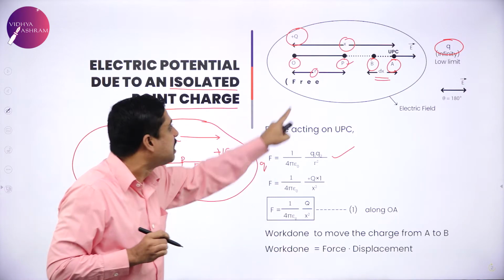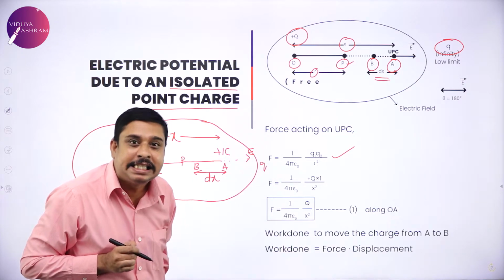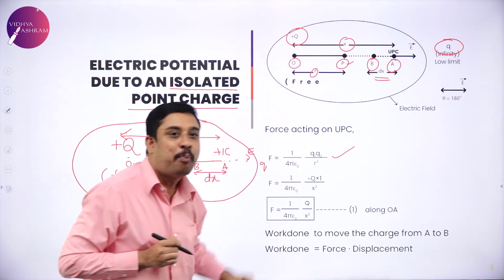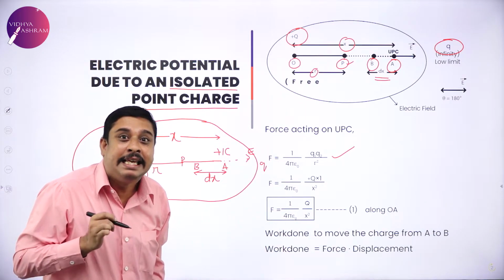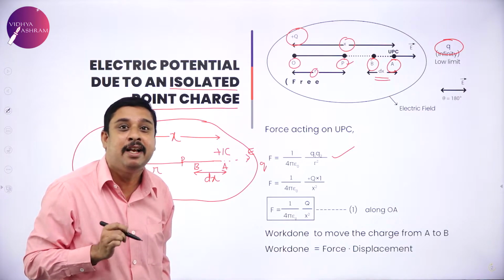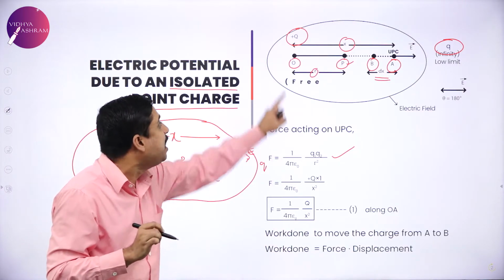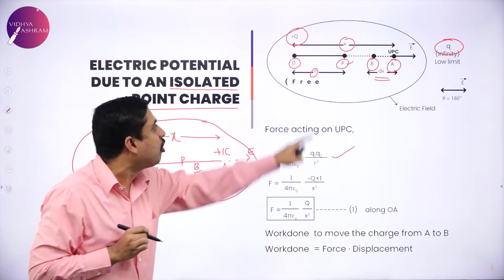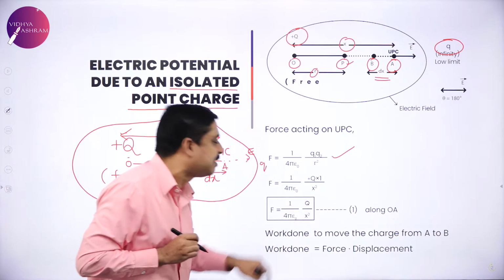Don't be confused. R is the distance between the point O and the point P. Here I am calculating the force between point charge and UPC. Therefore, the distance is x.